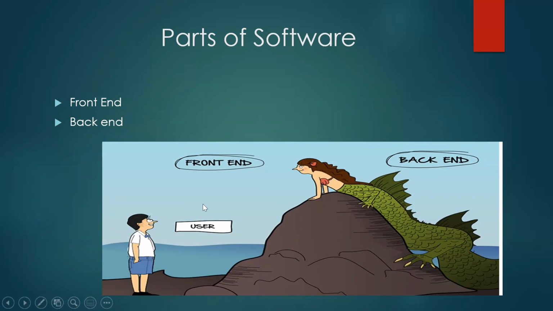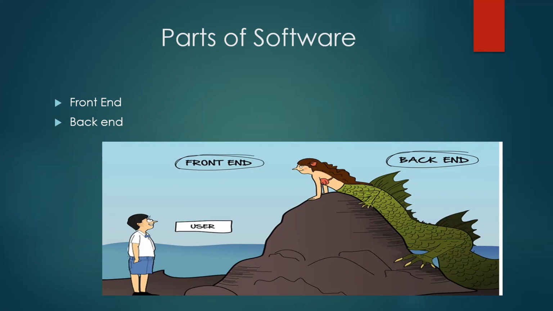The user can see only the front end, that is the upper part of this creature that looks like a girl, which is eye-catching or decorated. But the backend part cannot be seen by the user.